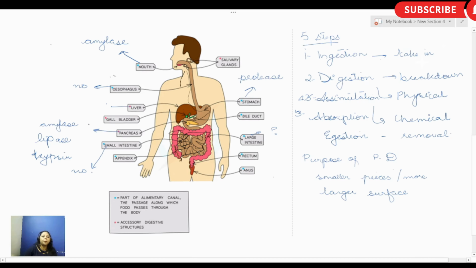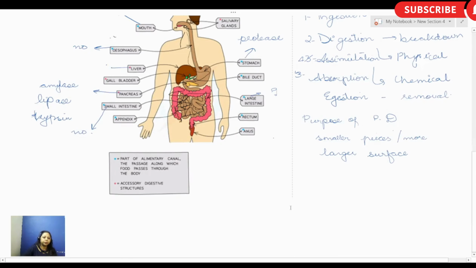Okay, let's talk about physical digestion. In which part would there be a prominent physical digestion? The first is the mouth, with the help of teeth. Second, where could the second physical digestion be?